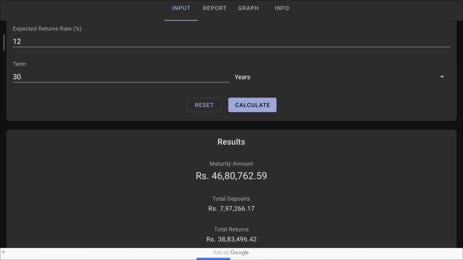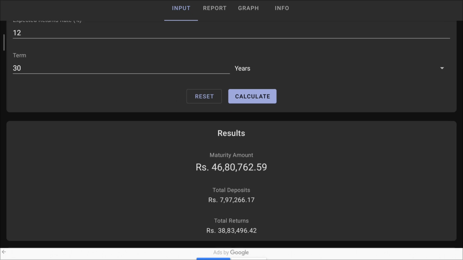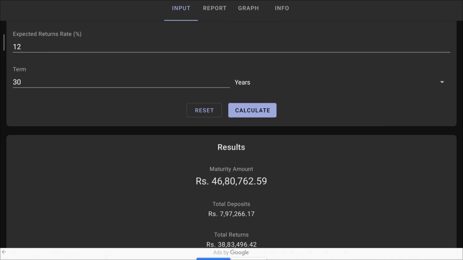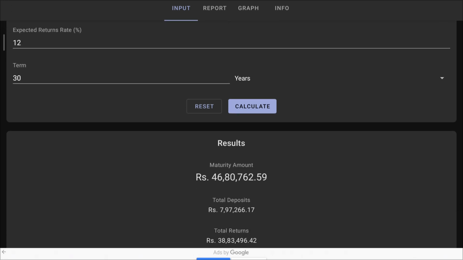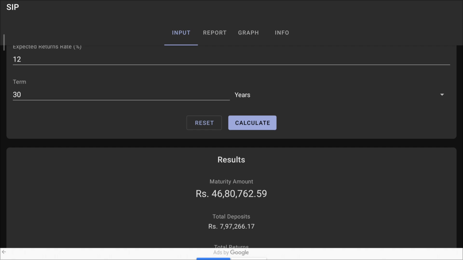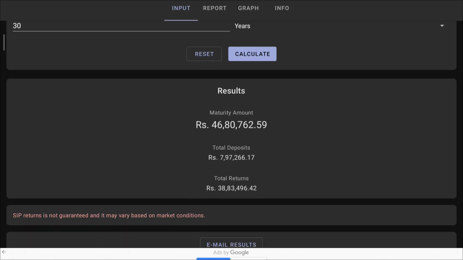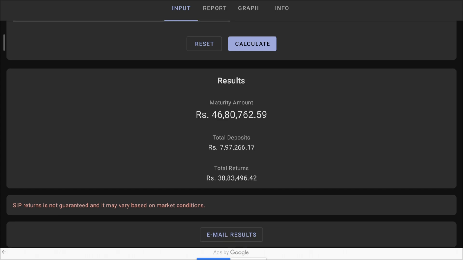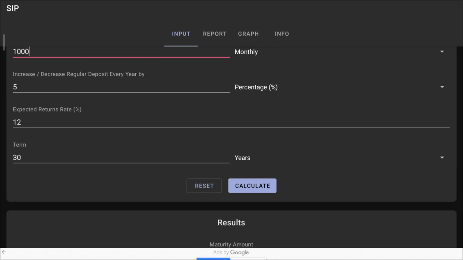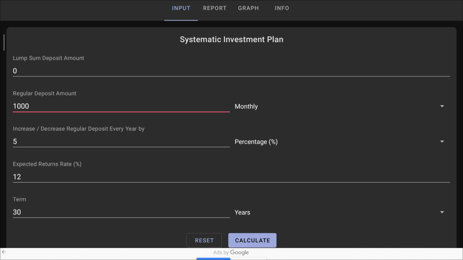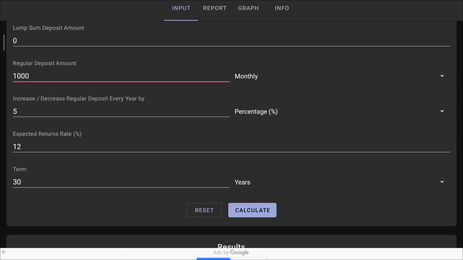Total is like 46 lakh rupees, right? And you deposited only 7 lakh rupees, 8 lakh, and you got 46 lakh rupees, right? And just let me show you just the power of compounding.